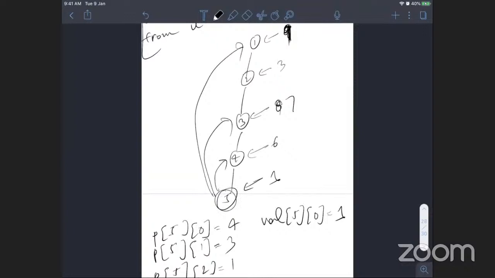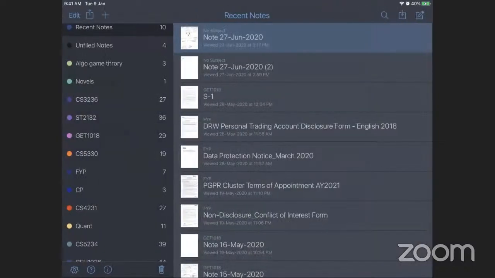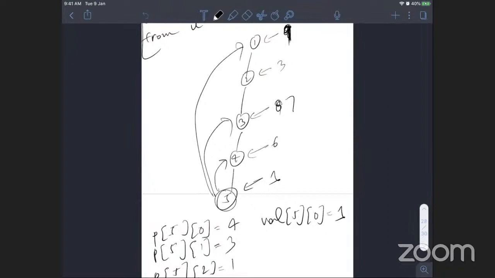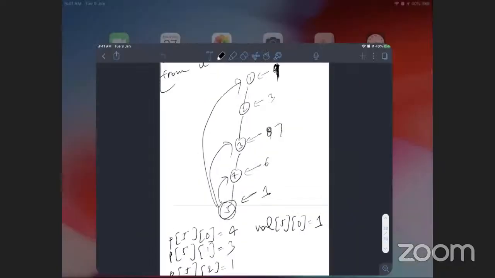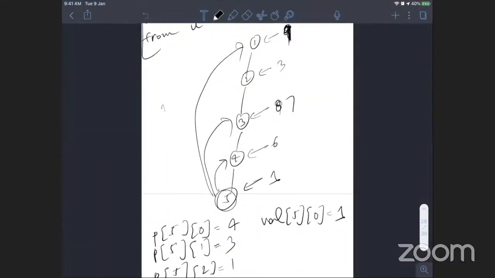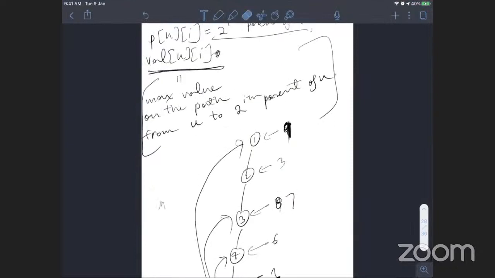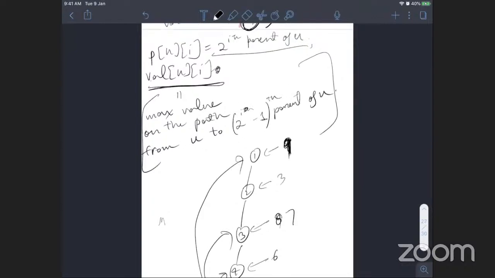Okay, so technically I made a small blunder here. It's actually this. Okay, max value on the path from u to the 2 to the power i minus 1 parent, where the 2 to the power i parent itself is outside.